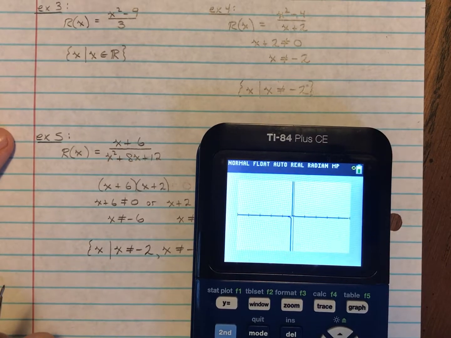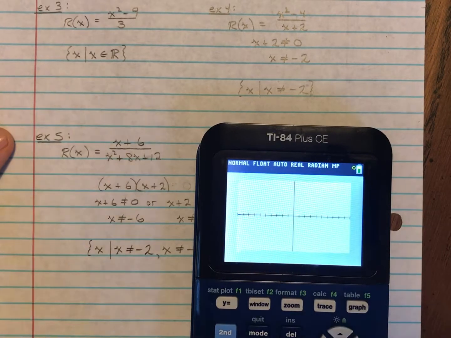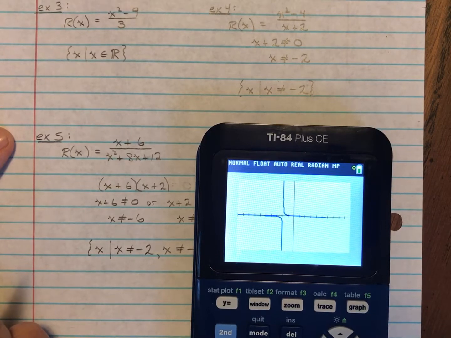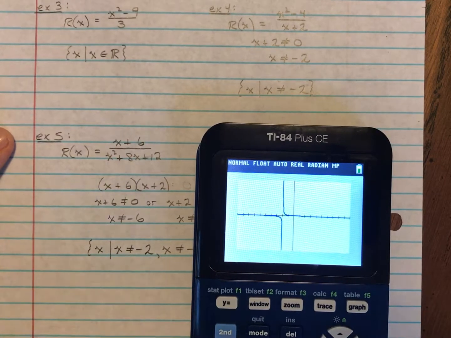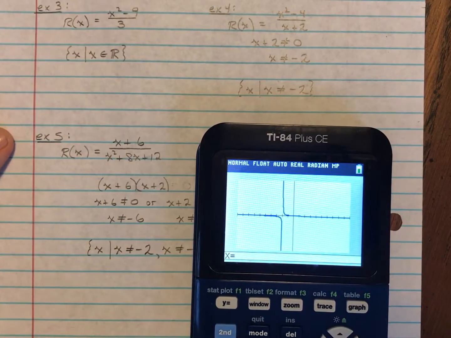Let's see here. I may be too far with my window. Let's come in a little bit. Let's go from negative 10 to 10 on the x-axis. So there's the negative 2. What's going on with negative 6? Second calc, value, and let's put in negative 6 and press enter.